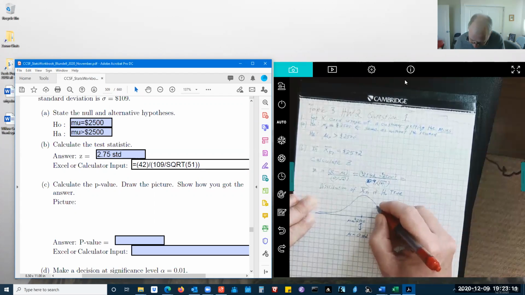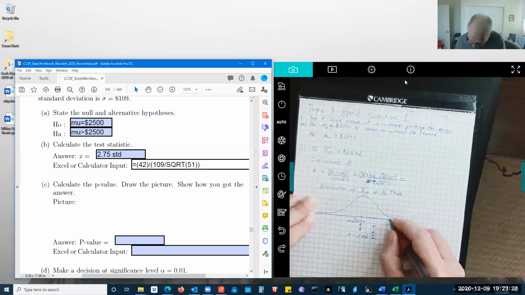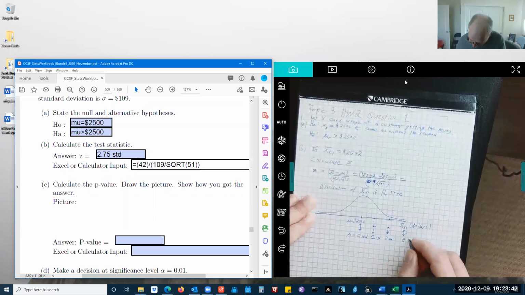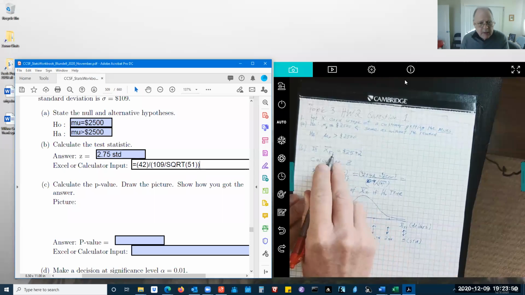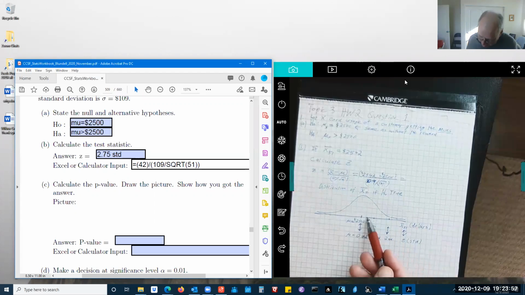So if this is one standard deviation here, and here's two STDs here, then, you know, if you repeated this experiment many times, you get all different sample means.